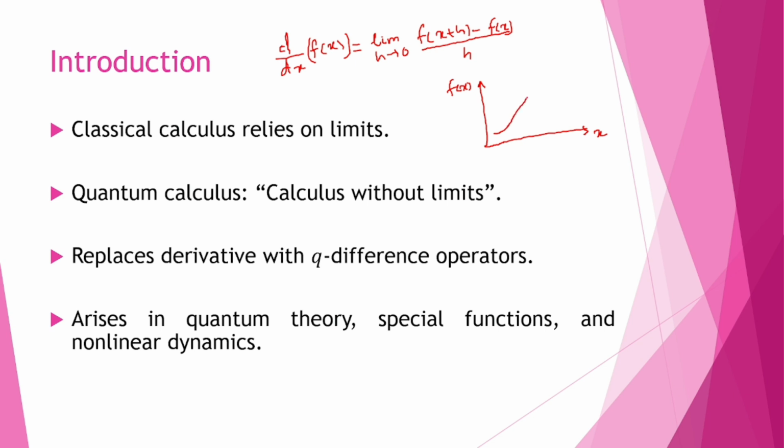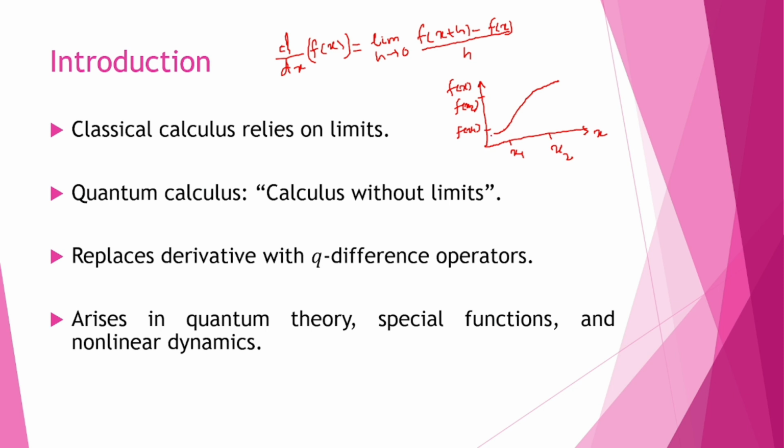Now for example, if we have a graph like this, and I take 2 points here, x1 and x2, for corresponding x1 this is f of x1, and for x2 it will be f of x2.